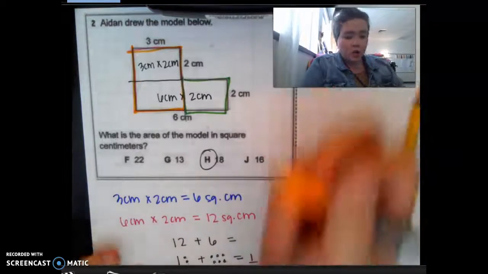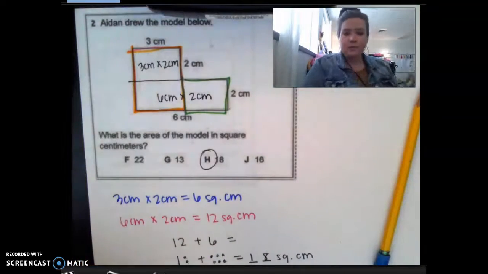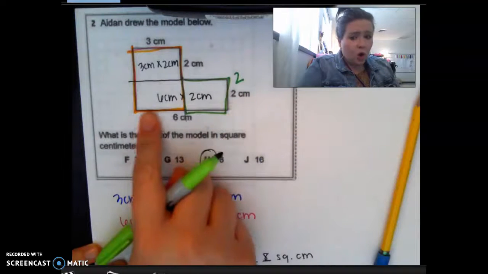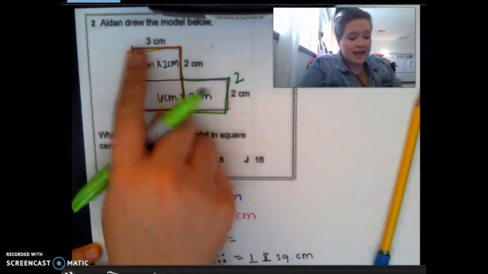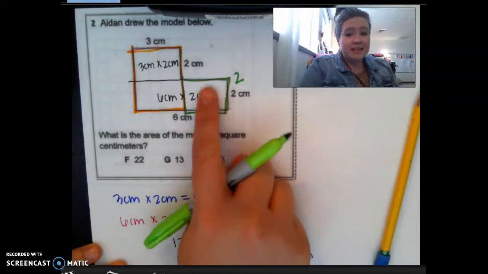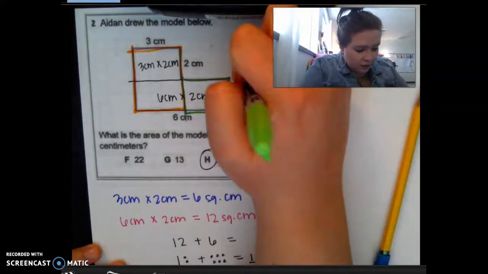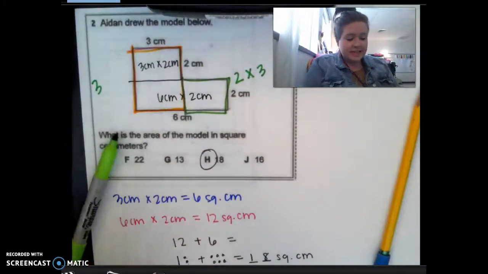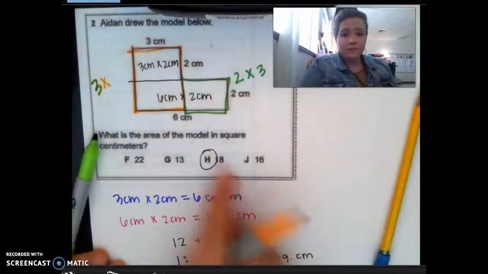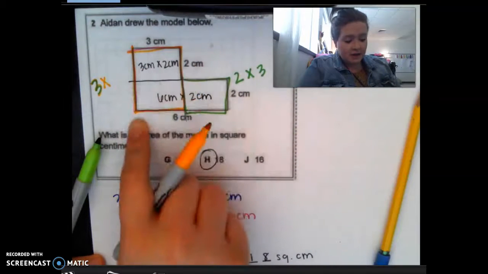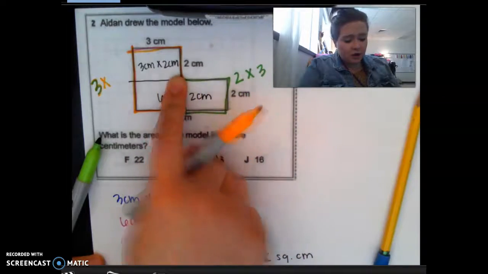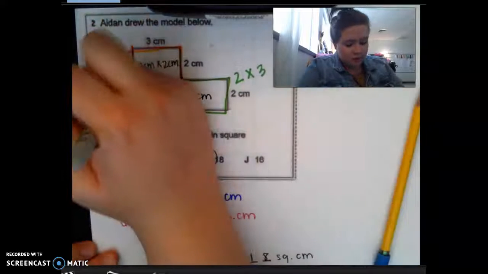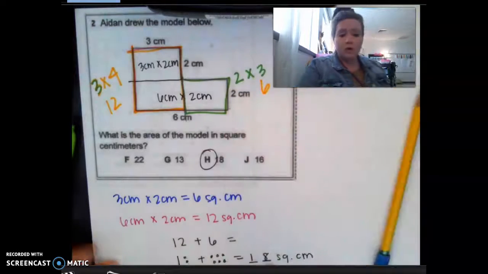Here, we know that it is 2. And if this whole thing down here is 6, and this top part is 3, that means that this part right here is 3. So that would have been 2 times 3, okay? This one would have been 3, because it gives you 3, times, and you need to find this side. So you have 2 here and 2 here, which is 4. You would have gotten 12 and 6, which still equals 18, okay?